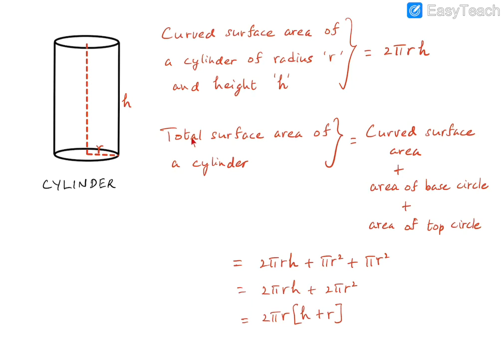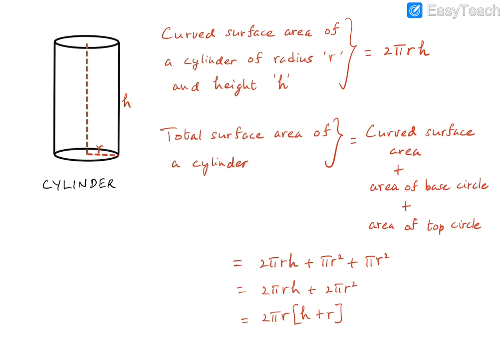Now to get the total surface area, we have to add to the curved surface area the area of the top circle and the area of the base circle, which is the bottom circle. And since the radius of the cylinder is r, the area of the top circle and the bottom circle is going to be pi r square each.